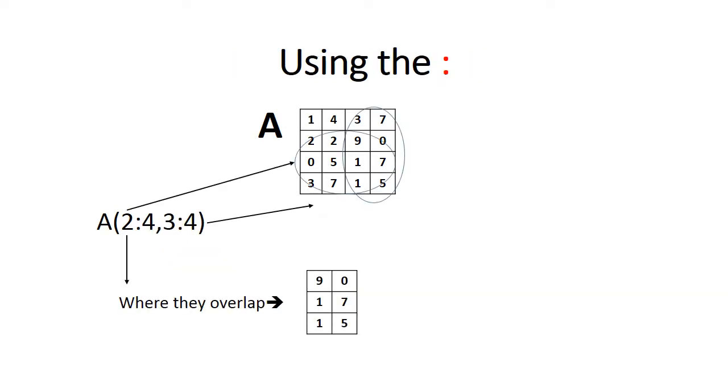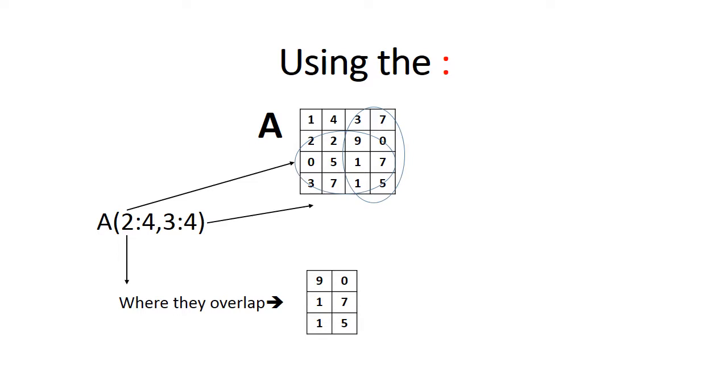The first example is where you use the colon to specify a range. So what you see there is A(2:4, 3:4). So the 2:4 means from row 2 to row 4. So you'll see that I've encircled those rows 2 to 4.